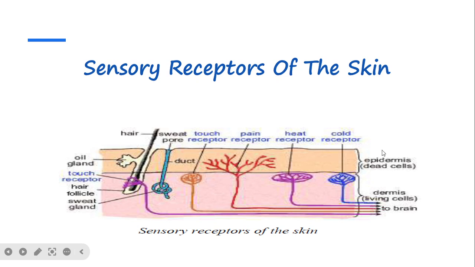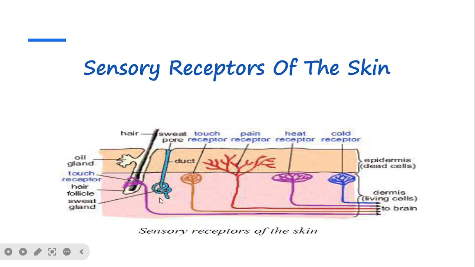Specifically, the epidermis consists of dead cells, and in the dermis is where we see these various receptors. Before, we saw the diagram of the internal structure of the skin and we didn't see these receptors, but here they are shown more clearly, these various sensory receptors within the skin.